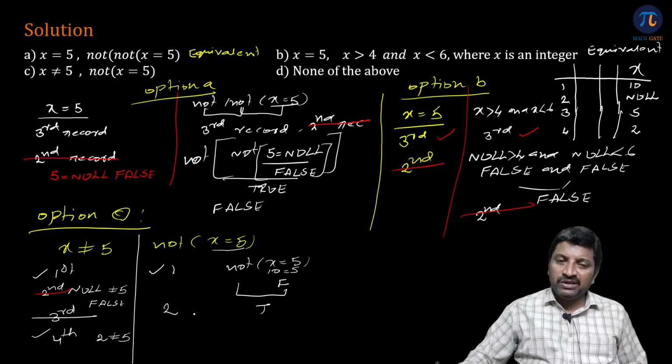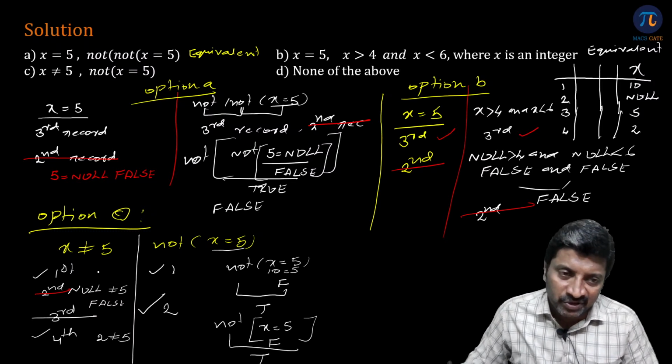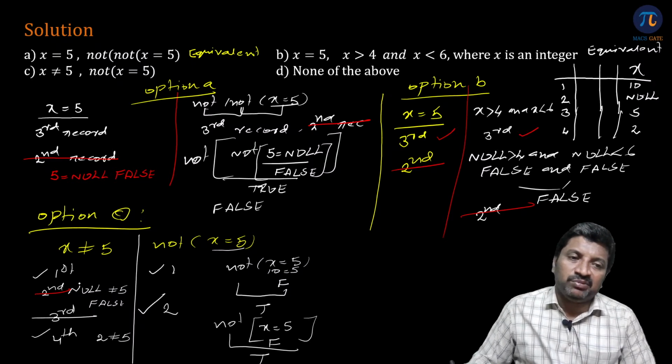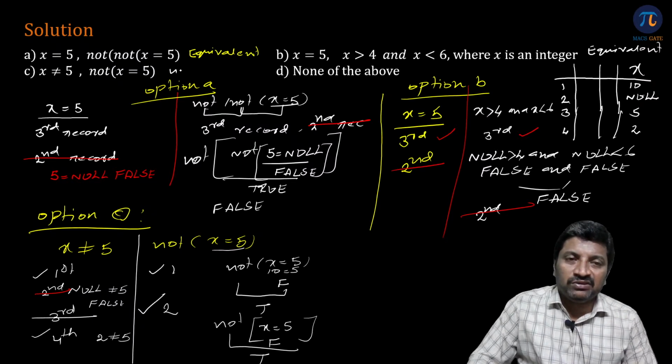What about second, sir? X equal to 5. This is false. Not. This is true. So you are getting the second record also. No need to verify the remaining, because in the first condition I am not getting second record. In the second condition I am getting second record. So these are not equivalent.